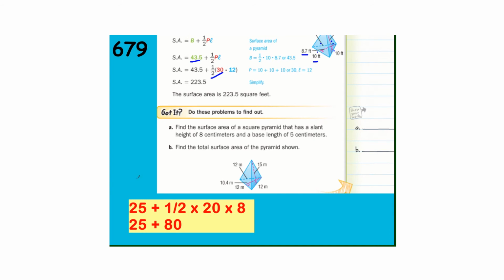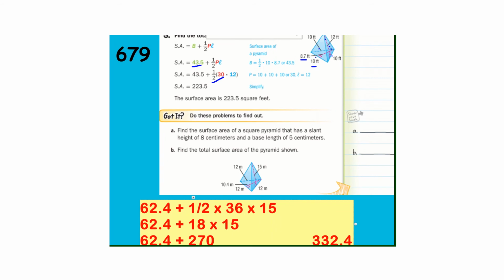Then you have to do half of the perimeter. 5, 5, 5, 5 is your 20, times your slant height of 8. So I just took 10 times 8 and got 80. So 25 plus 80 is 105 square centimeters.